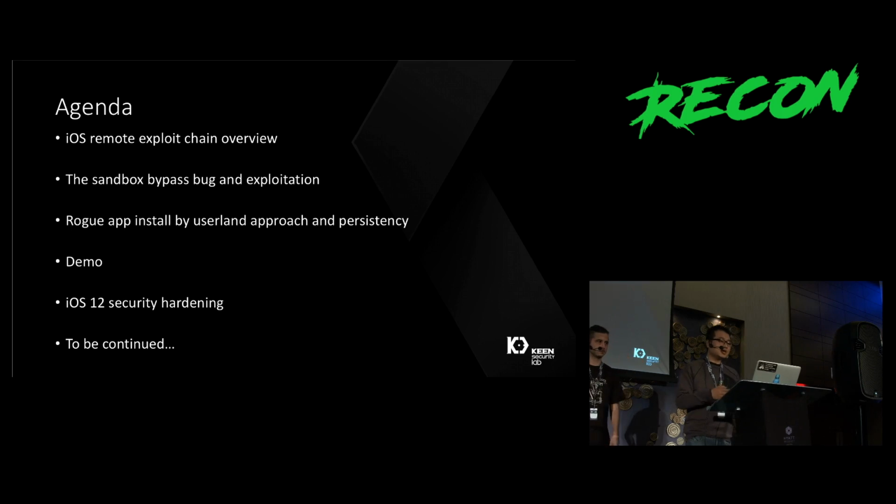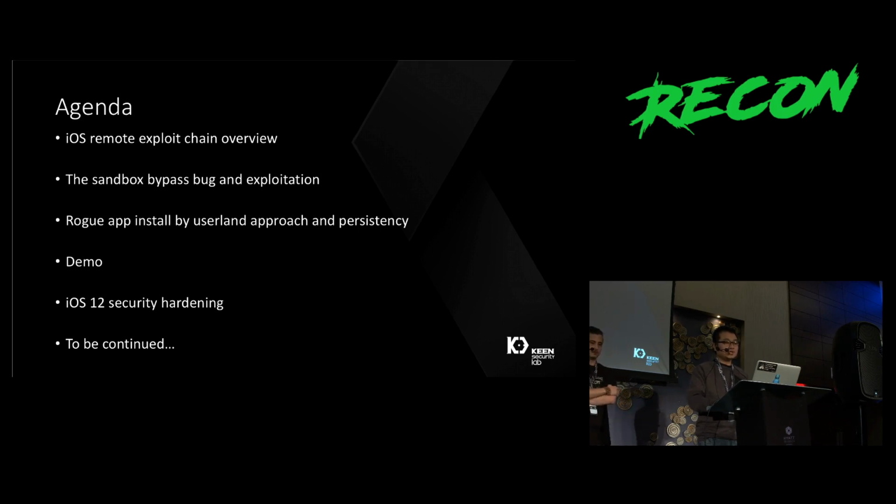So here is the agenda. We will start with an iOS remote exploit chain overview, giving you a short introduction of how the remote exploit chain of iOS works, and also the sandbox bypass bug and its exploitation, because we think the sandbox bypass bug is a little bit special, especially its exploitation method.